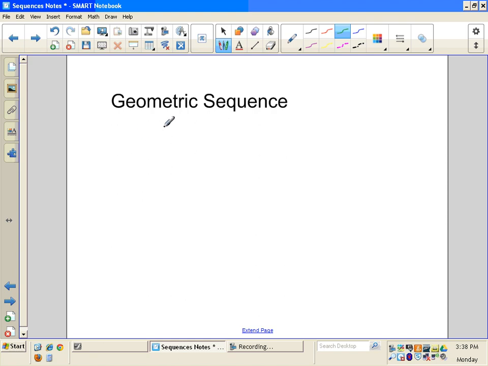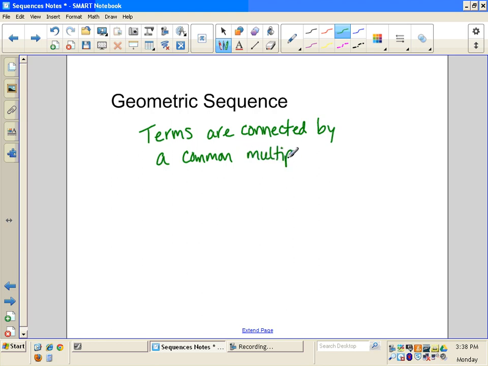The terms in a geometric sequence are connected by a common multiplier. Something we're multiplying by each time, also known as a ratio, which is why we use the letter R to talk about the common ratio or common multiplier. What are we multiplying by?